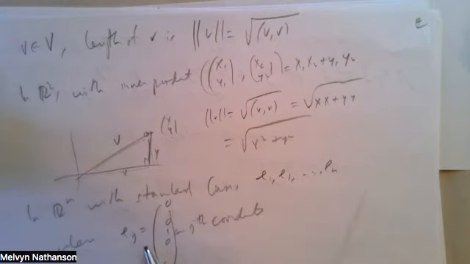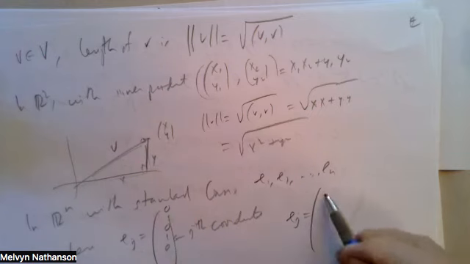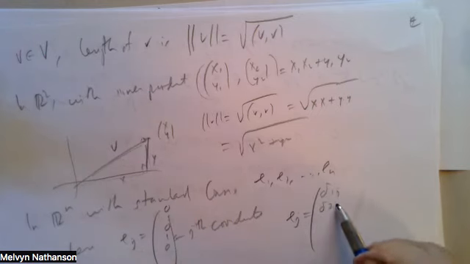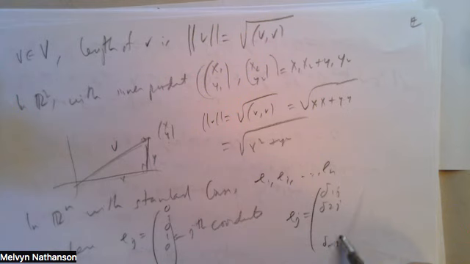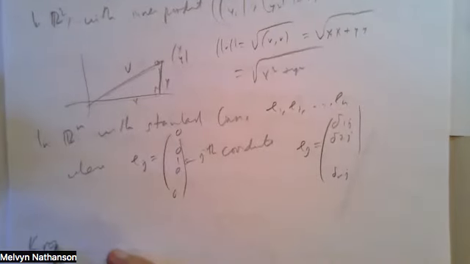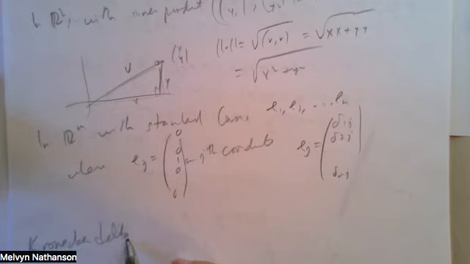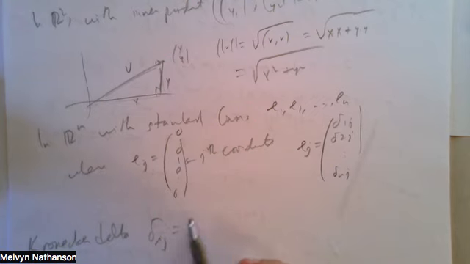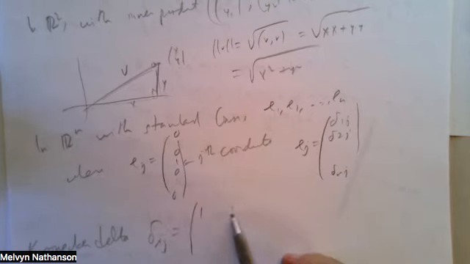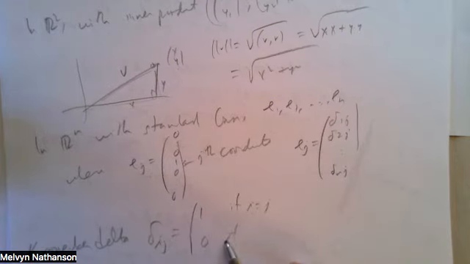So that's the standard basis vector Ej, or I could write Ej in terms of the Kronecker delta, delta 1j, delta 2j, down to delta nj, where the Kronecker delta, which is a very important function in linear algebra and elsewhere, delta ij is defined to be 1 if i equals j, and 0 if i is different from j.